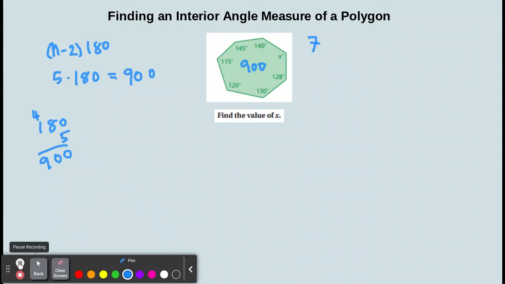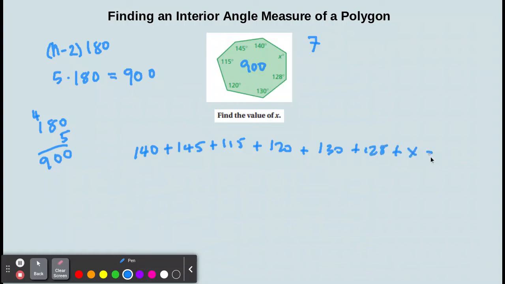Okay, so if we then add up all these things, it should equal 900. So we can write that out. 140 plus 145 plus 115 plus 120 plus 130 plus 128 plus x. All those have to equal 900. If we add up all these, this is going to be 778.